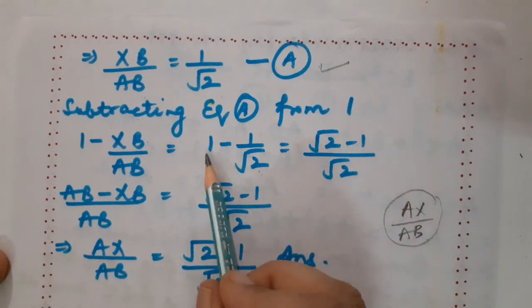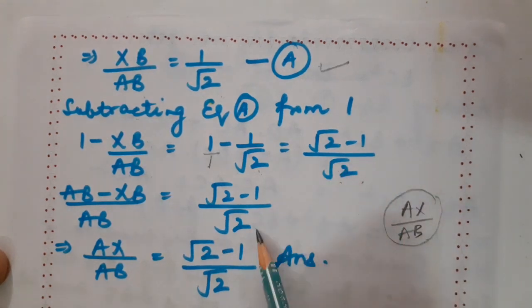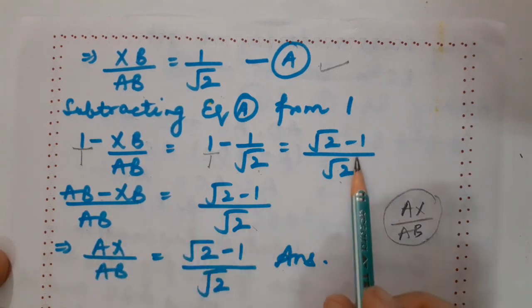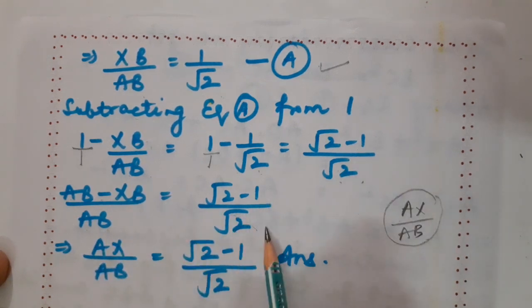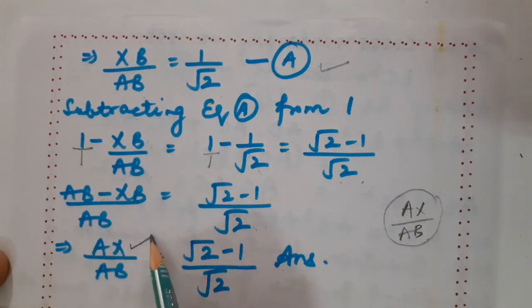So it is equal to, let us take LCM, root 2 will be the LCM, root 2 minus 1 upon root 2. Correct? Here I am going to take AB as LCM. It would become AB minus XB upon AB is equal to root 2 minus 1 upon root 2. So let us check whether AB minus XB is equal to AX or not.